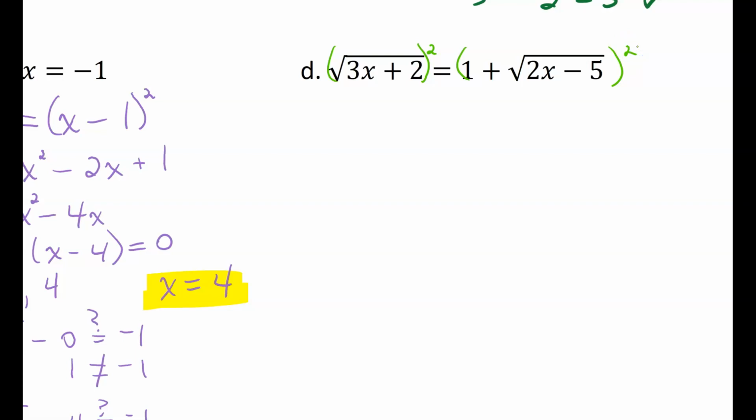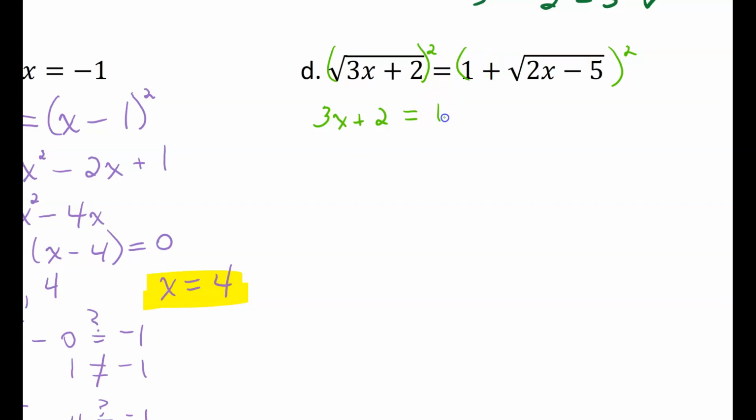On the left side, that's going to undo the radical, and I get 3x plus 2. On the other side, keep in mind that this is now a binomial, so it's like foiling or using the special pattern for a binomial squared.